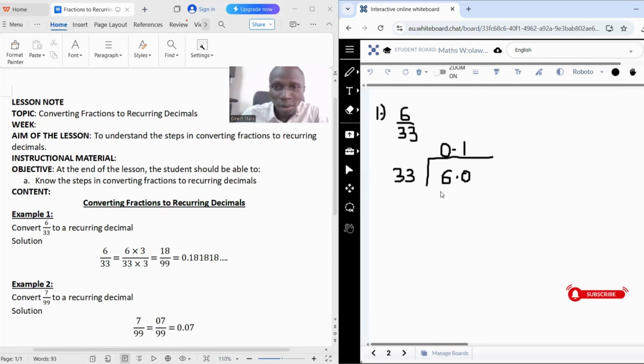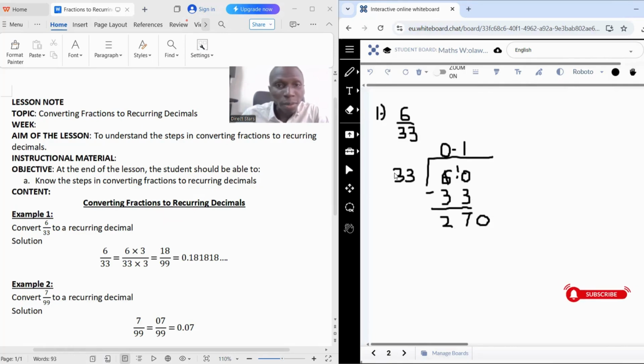Now, 60 divided by 33, we have here to be 1. 1 times 33, we're going to have this to be 33. We'll subtract this. 60 minus 33, we're going to have this to be 27. Because we can drop down another 0 here, so we're going to have this to be 270.